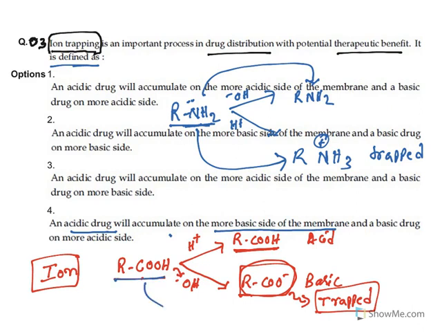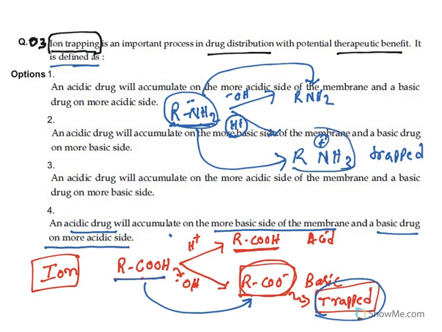On the more basic side, it is converted into an ion and it will be trapped in that compartment. A basic drug will accumulate on the more acidic side. What happens with a basic drug? In the presence of acidic pH, it is converted into an ion and it is trapped. So this is the concept and the right answer is this one. This is completely based on the ion trapping concept. Go through it again, you will get this clearly.